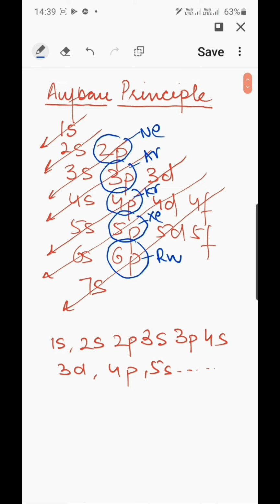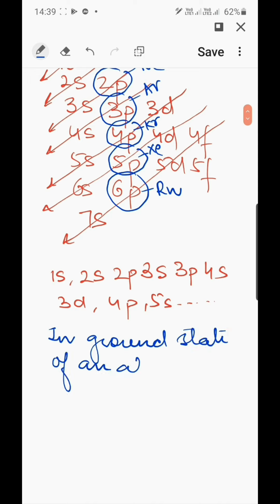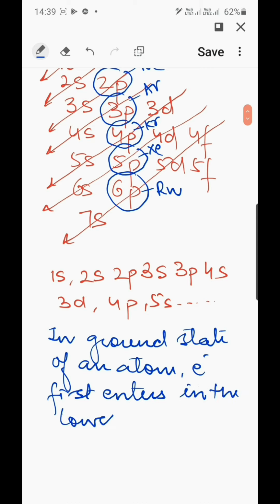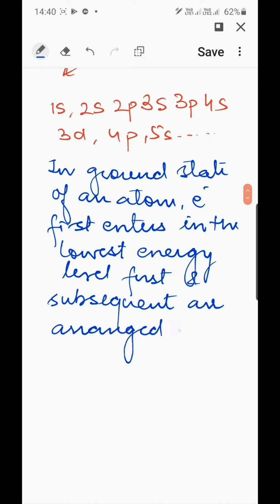The exact definition of the Aufbau principle is that in the ground state of an atom, an electron first enters in the lowest energy level first, and the subsequent ones are arranged on the basis of increasing energy.